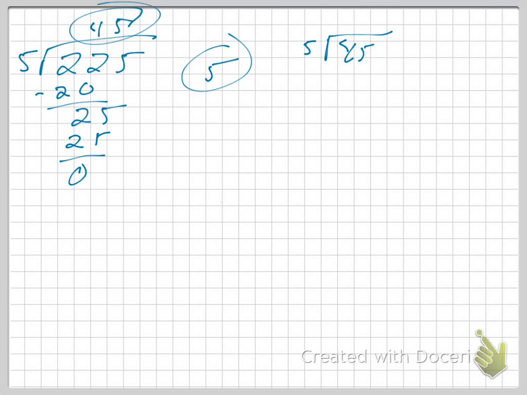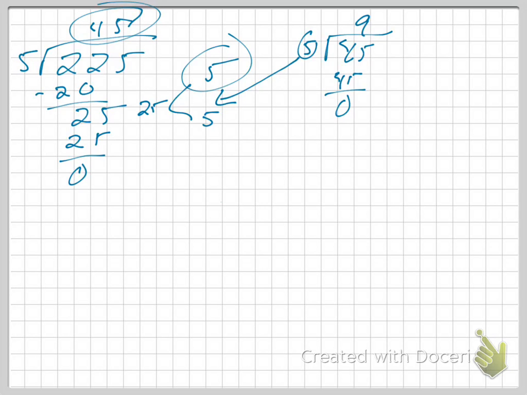Okay, so 5 goes into 45 how many times? 9. How many 5s do I have so far? 2 5s. Which means 5 times 5 is 25. I'll explain why I did that here in just a second.